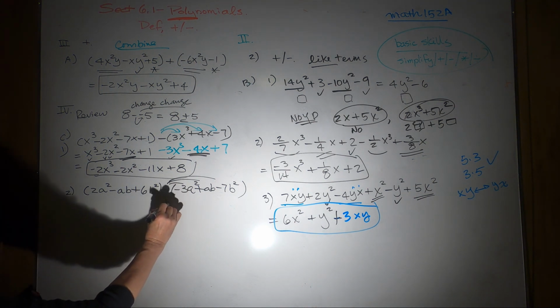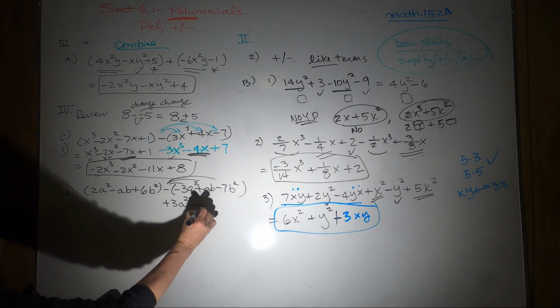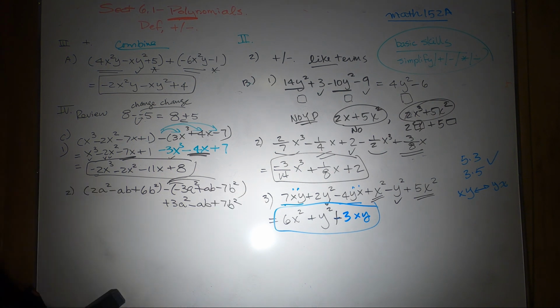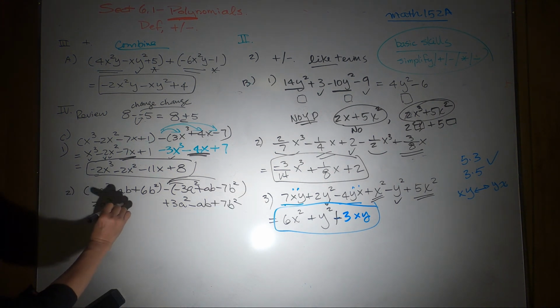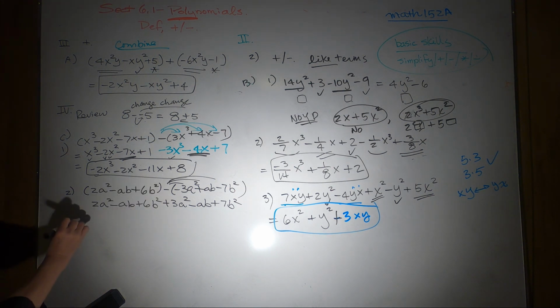So this one becomes plus 3a squared. This one becomes minus ab. This one becomes plus 7b squared, right? So when we subtract, we remove our parentheses first. Okay? Then we simplify it by combining like terms.